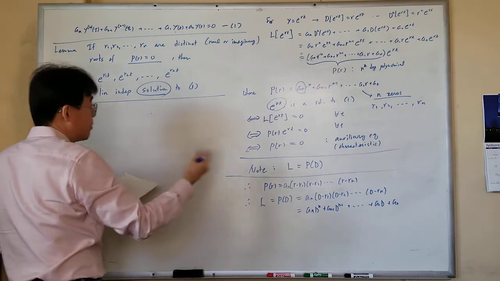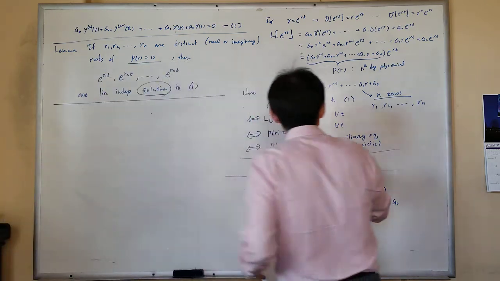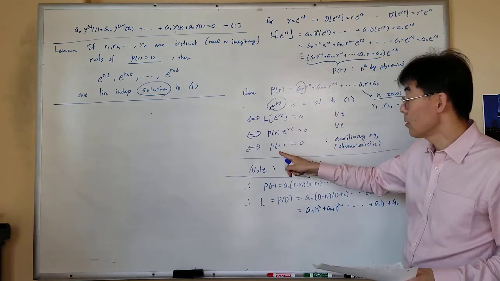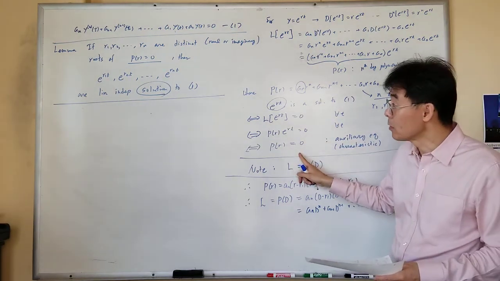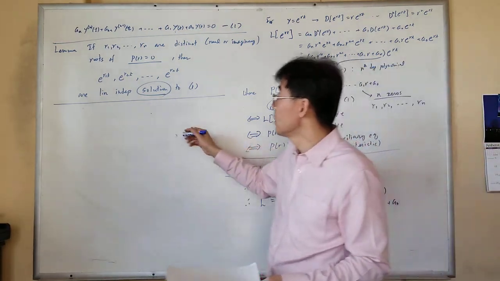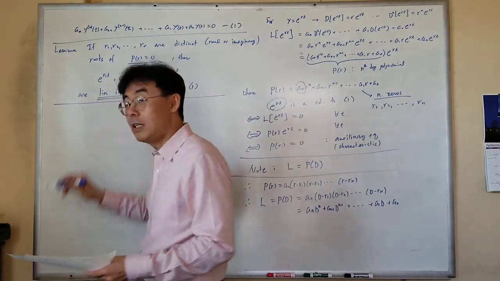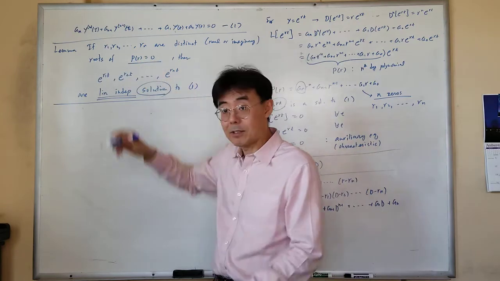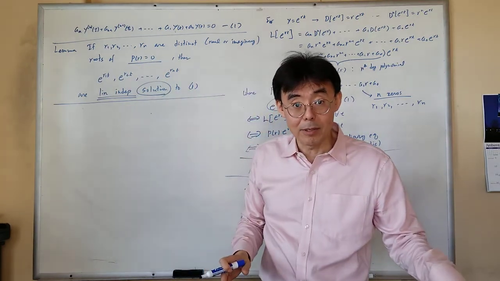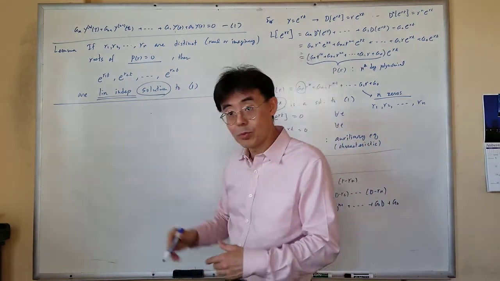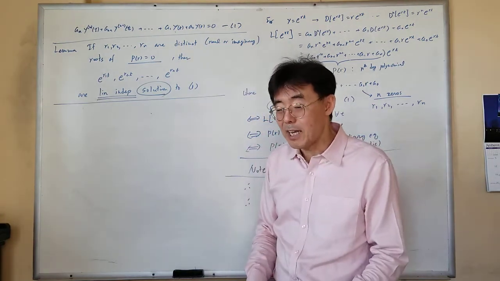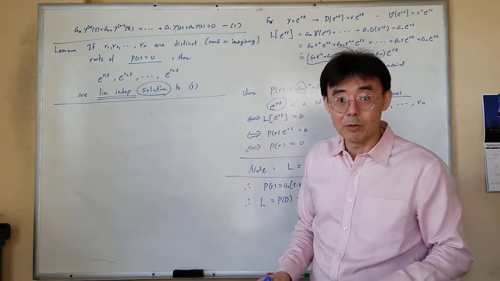That part we already proved: e to the rt will be a solution if r is a root of this characteristic equation. The question is, how do we show linear independence? When n is not a fixed number, n can be any large number, how do we show this in a general way? That is a big question. That's why we developed all this fancy notation.